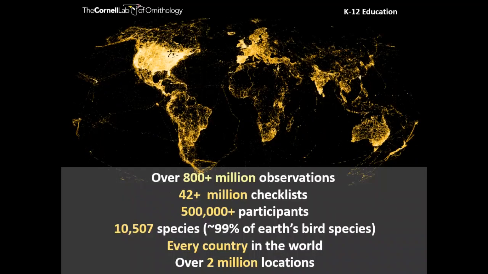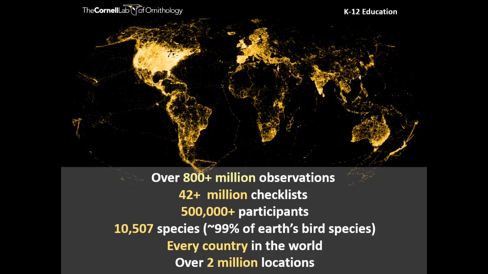What that looks like by the numbers is more than 800 million observations, more than 42 million checklists, more than 500,000 participants, recording around 10,507 species, which is about 99% of all of the Earth's bird species.